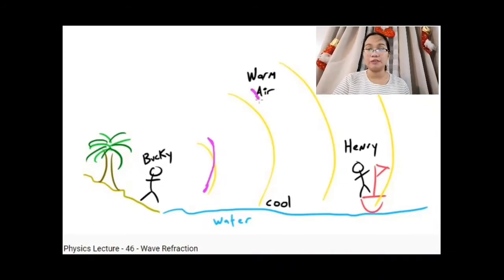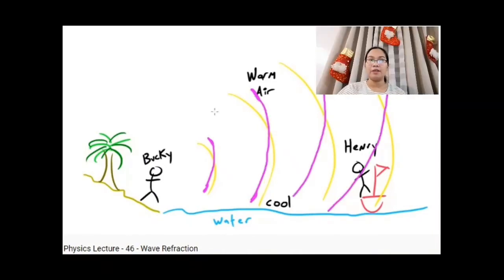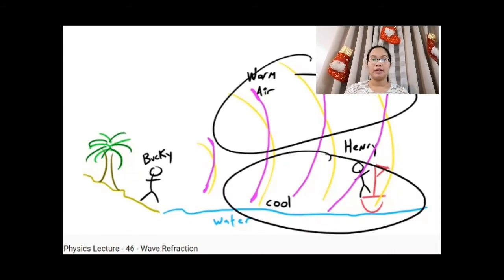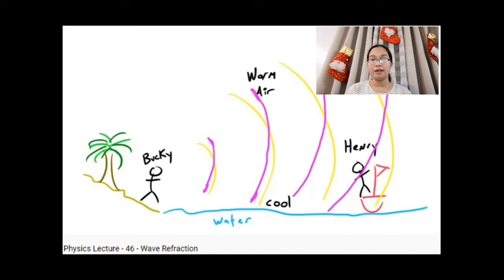Since there is now a difference in temperature, let's take a look at the wave fronts produced. You can see in our animation that we have warmer air and colder air. At the layer above, there is warmer air, and at the layer below, there's colder air. So there's the bending of the sound waves.